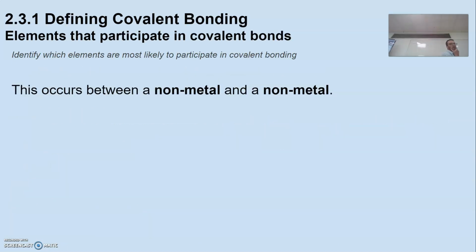So defining what a covalent bond is, right? Which elements are most likely to participate in covalent bonding? Well, that's going to be between non-metals, right? So metallic bonding is within metals, right? Ionic bonding is typically between a metal and a non-metal.